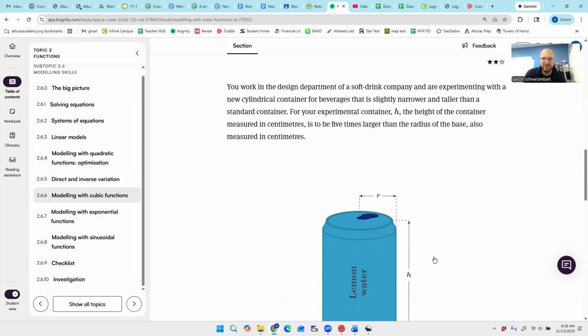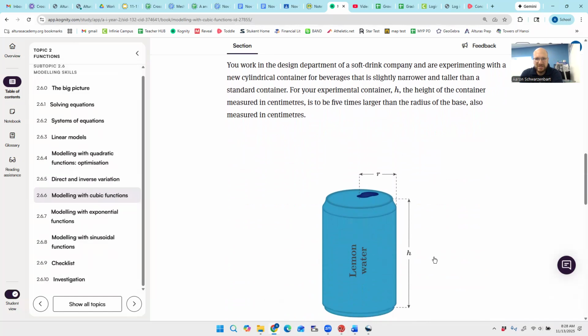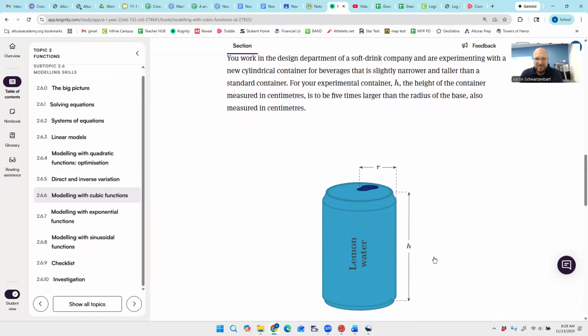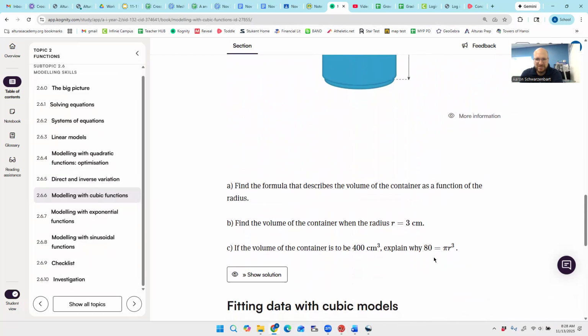Okay, another one. You work in the design department for a soft drink company, and you are experimenting with new cylindrical containers for beverages that are slightly narrower and taller than the standard container. For your experimental container, H, the height of the container measured in centimeters, has to be 5 times larger than the radius of its base, also measured in centimeters.